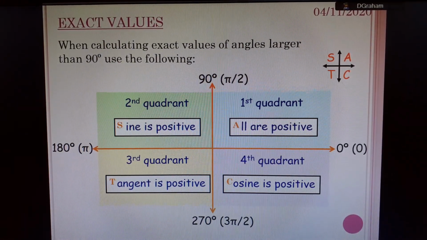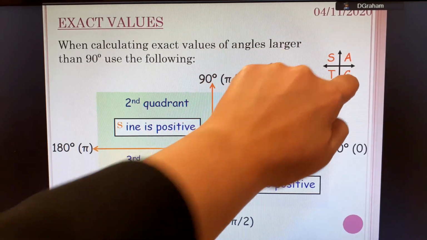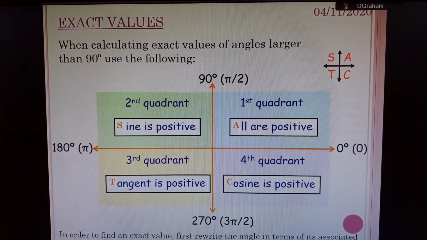Just be careful if you use this because you're actually starting with the letter in quadrant 4. I just remember it's all sine, tan, cos. I'm going to show you how to do this with an example, but this will remind you and it will make more sense when you see the example in working.